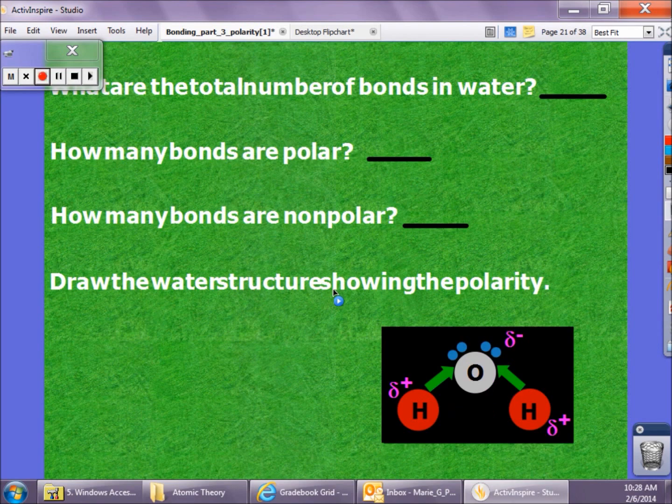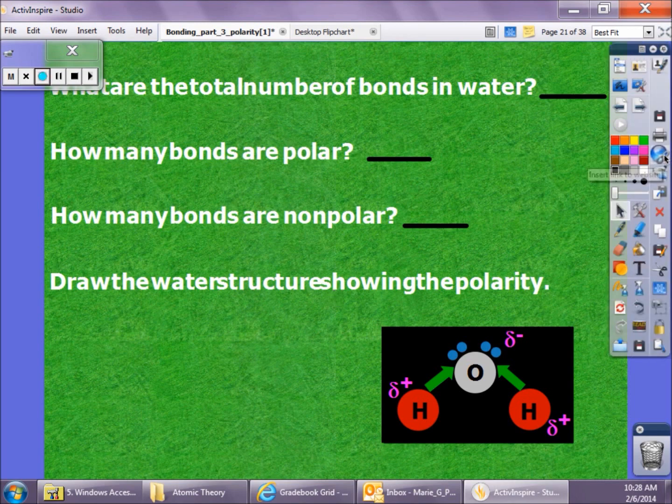This is the way you should have the water molecule. It is H2O. It has 2 pairs of unshared electrons. It has 2 bonds. The arrows go toward oxygen, which is more electronegative, with the partial positive charge on hydrogen and the partial negative charge on oxygen.